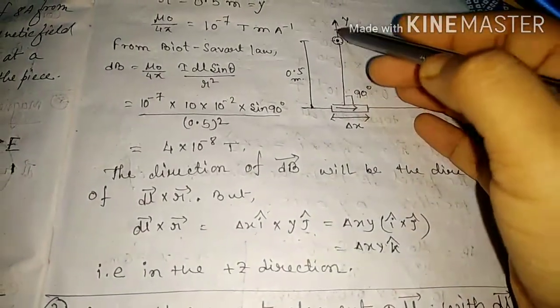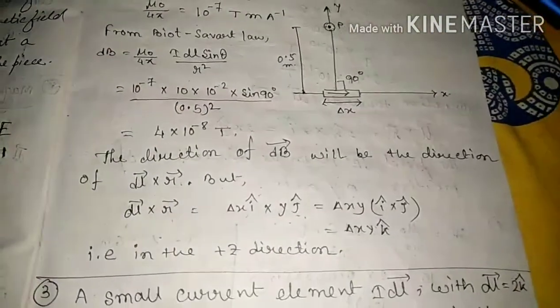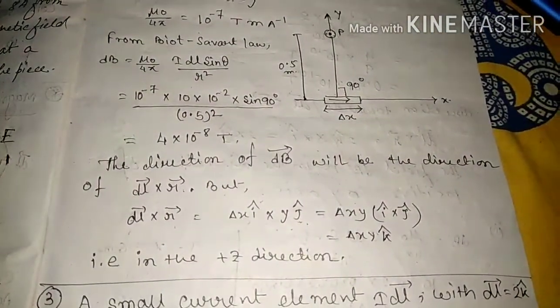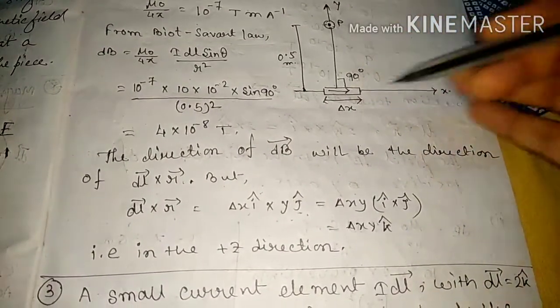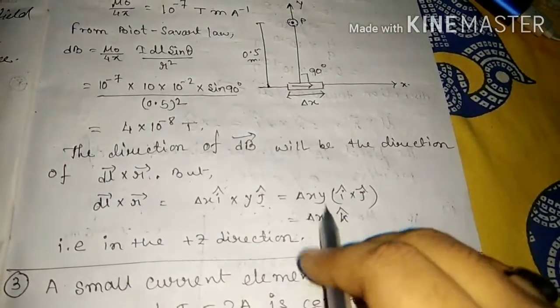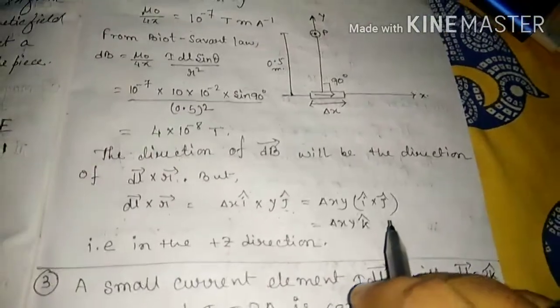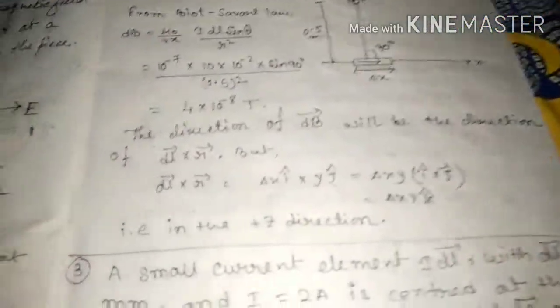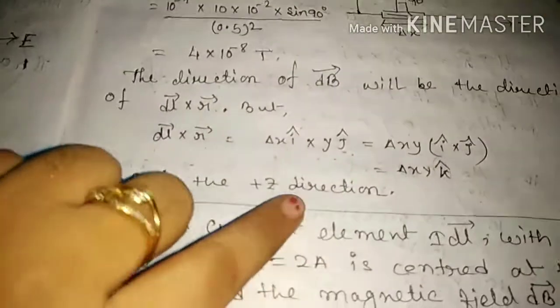Here you can see whether the field is into the paper or outward from the paper, and along which axis, because two axes are there. So the magnetic field magnitude is this one, and the direction is positive z direction.